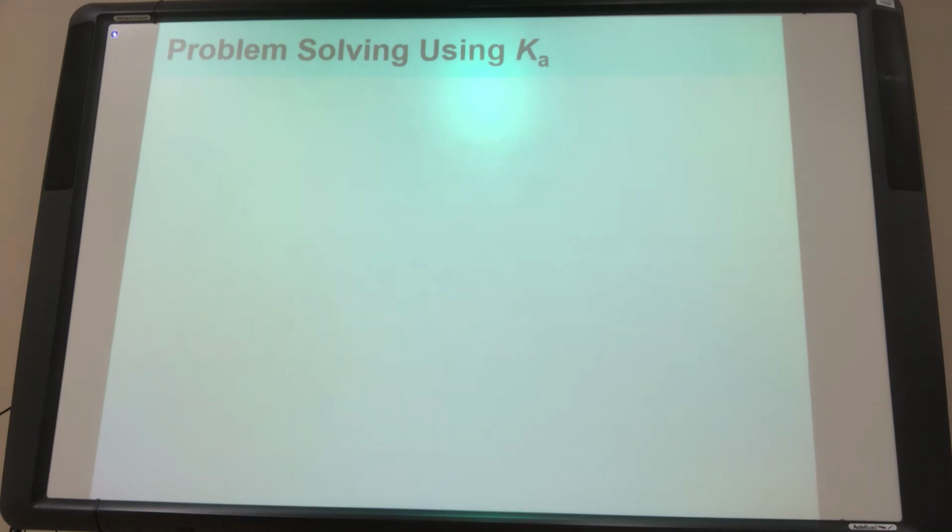All right, so I'm just going to rewrite this. We had 1.4 times 10 to the negative 5 is equal to x squared over 0.1 minus x. What we want to do is approximate. To do the approximation, there's a few criteria we need. If x is a lot less than 0.1, that's good.